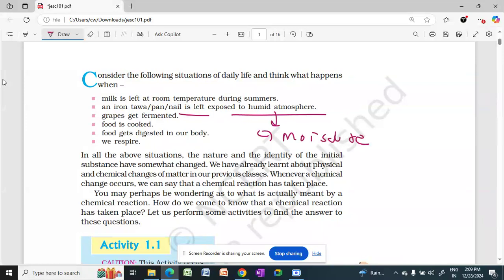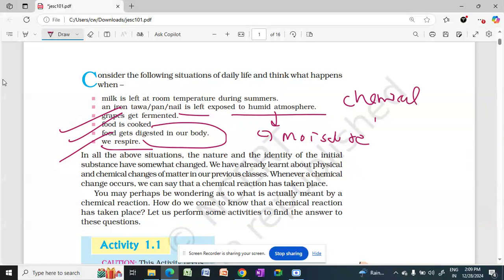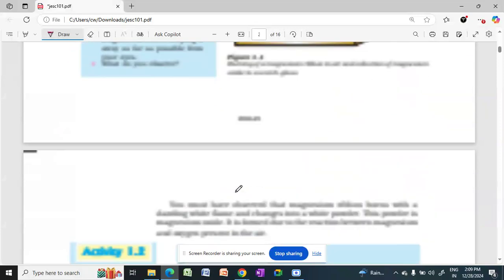And grapes that get fermented, food that is cooked. What they are saying here is that there are some chemical reactions taking place in all these things.